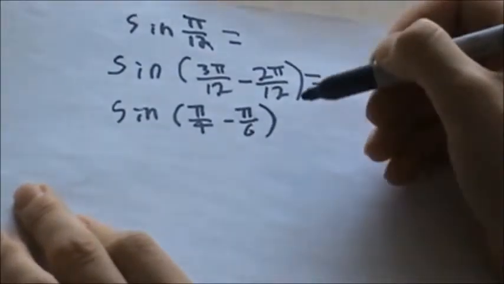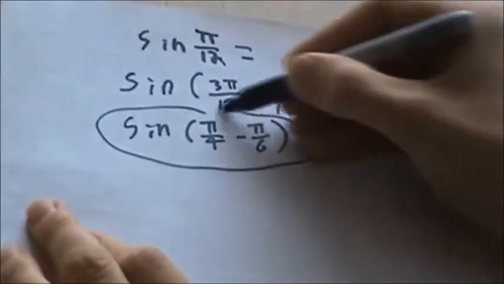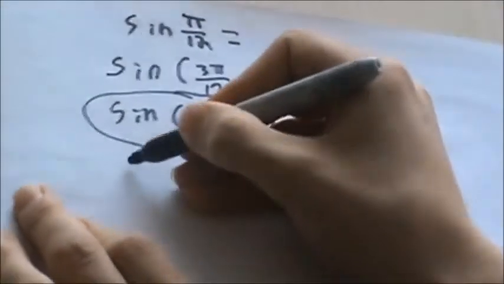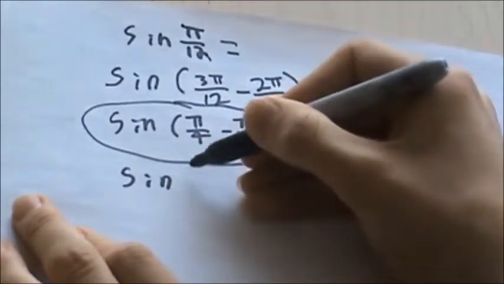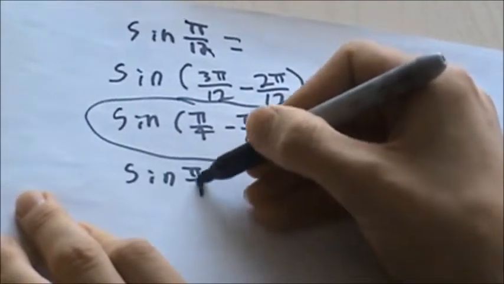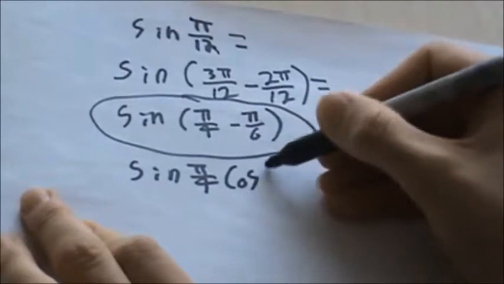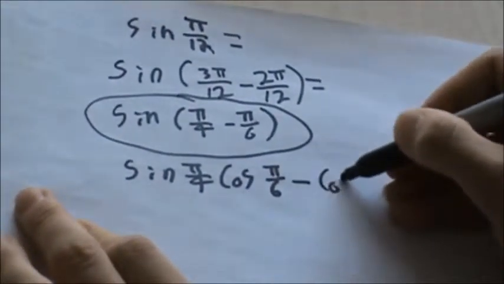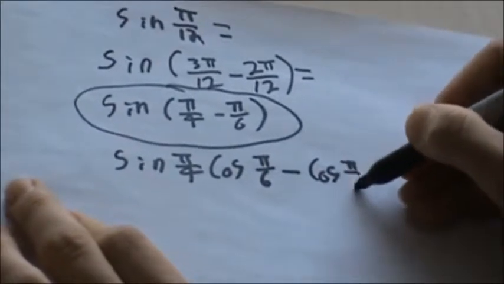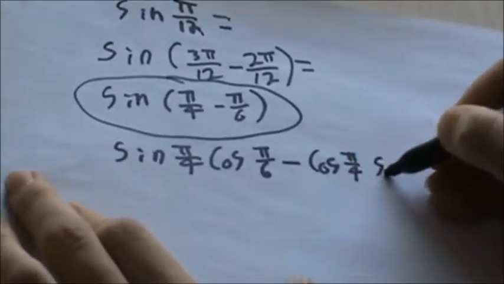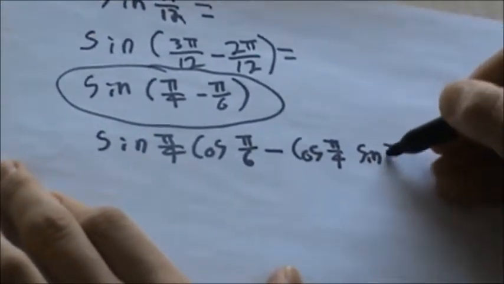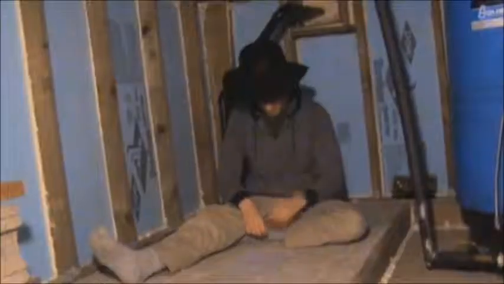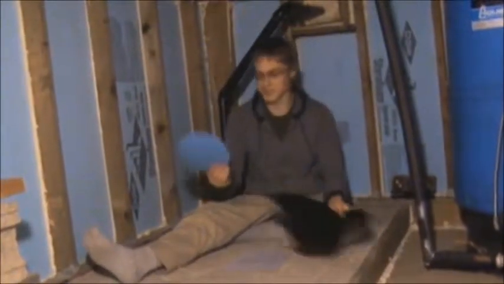Now, using difference identities, I know that this formula is the same as sine pi over 4 cos pi over 6 minus cos pi over 4 sine pi over 6, which I can tell by using this unit circle.